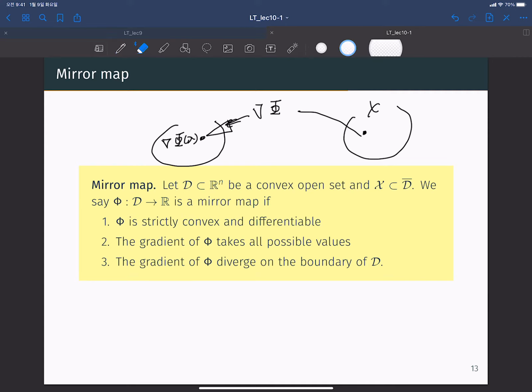In the previous case, we update w_{t+1} equal to w_t minus step size times gradient f_t(w_t).